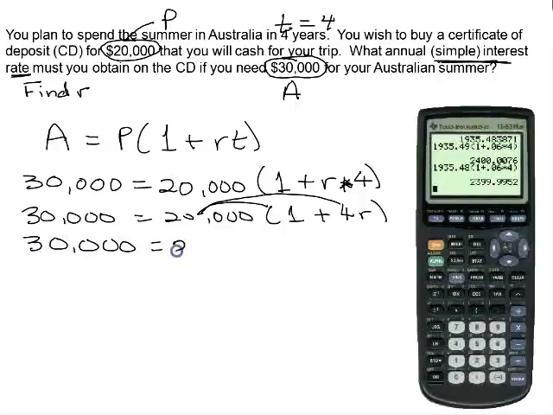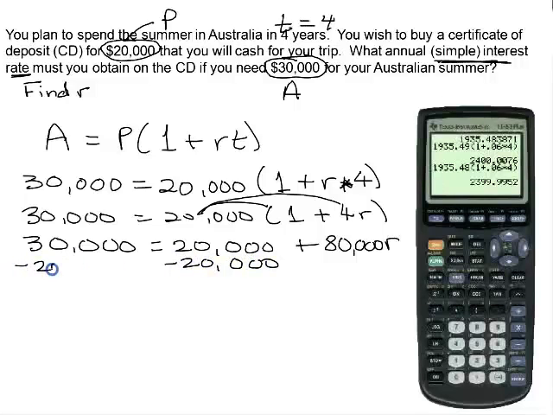So we'll have 30,000 equals 20,000 plus 20,000 times 4R is 80,000R. Now we want to get the R term alone, so we'll subtract 20,000 from both sides. We'll have 10,000 equals 80,000R.